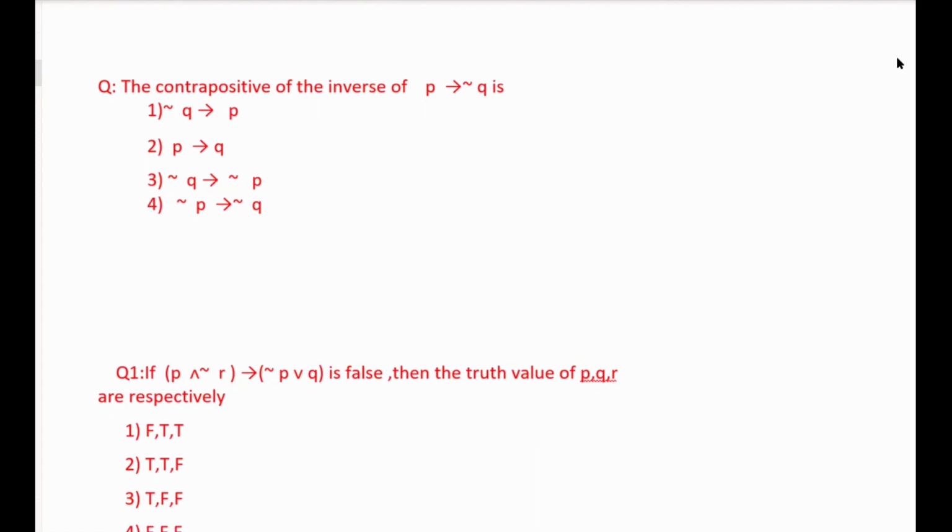As all of you know, first we have to find the inverse, then find the contrapositive. Inverse is just to negate the first statement in its place and the second in its place. That means negation of P implies negation of negation Q. That means double negation is Q itself.